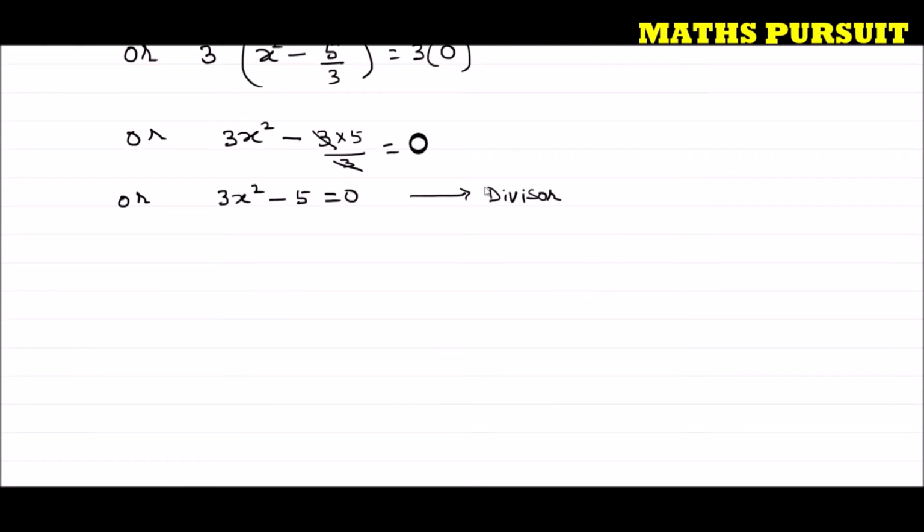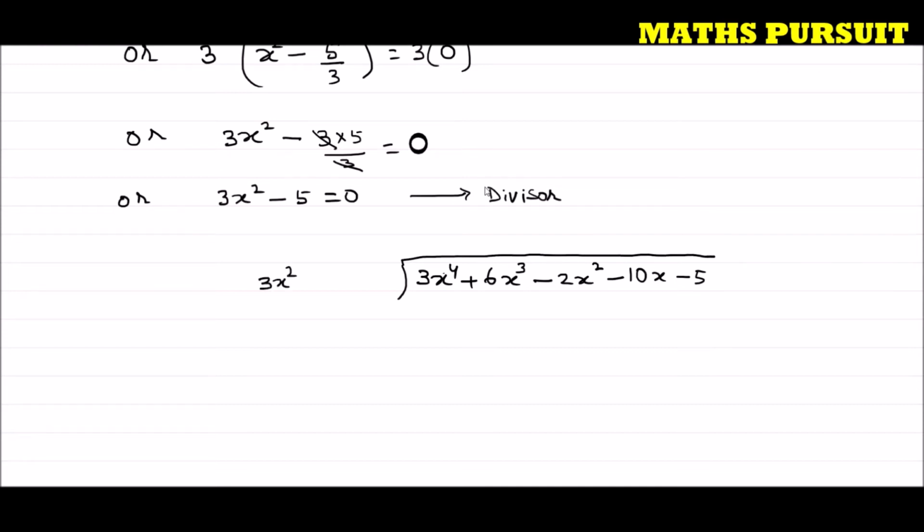Now we are going to divide 3x to the power 4 plus 6x to the power 3 minus 2x to the power 2 minus 10x minus 5 with the divisor that we got here, which is 3x to the power 2 minus 5.